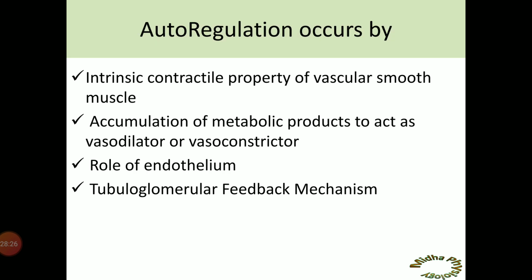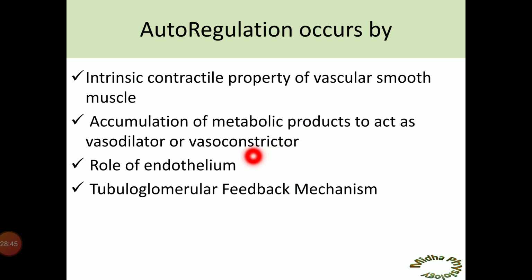Here you see that the autoregulation occurs via the intrinsic contractile property of the vascular smooth muscle, which we call the myogenic theory. It may be due to the accumulation of metabolic products that act as vasodilator or vasoconstrictor at the local level, which we call the metabolic theory.